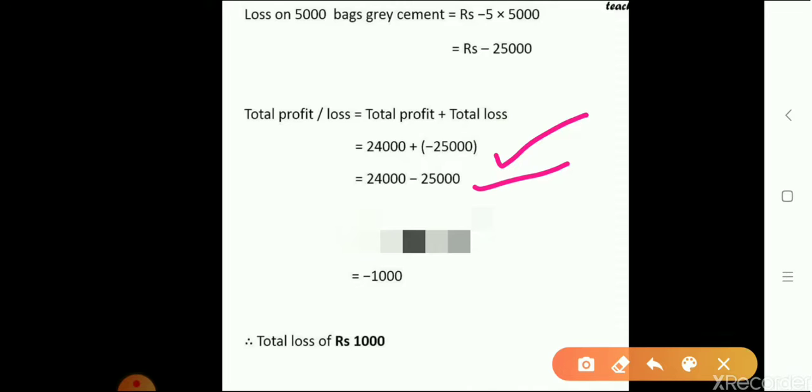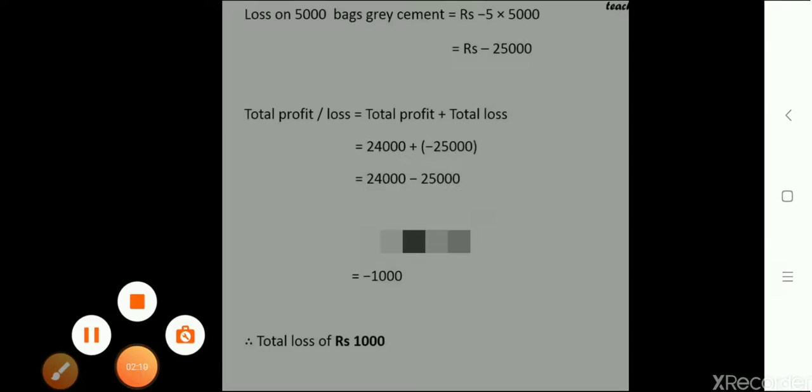Whenever two integers with different signs are added, we take the sign of the greater integer. So it will be minus 1000 rupees. So the overall loss will be 1000 rupees.